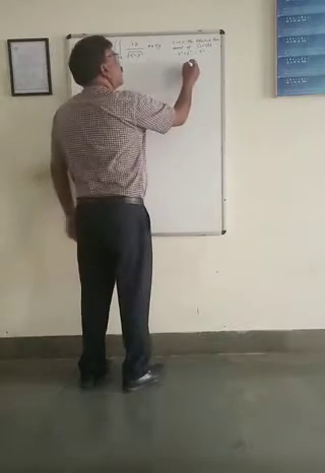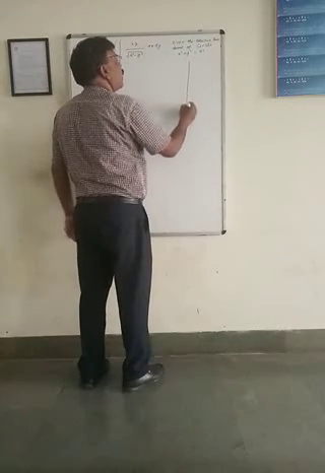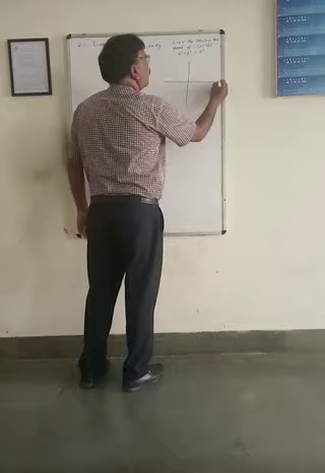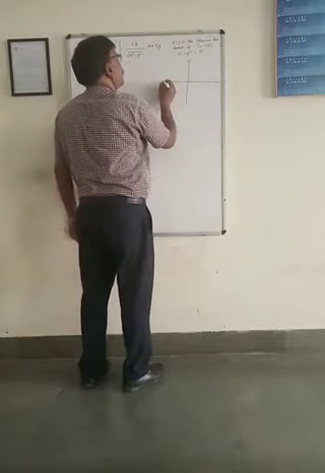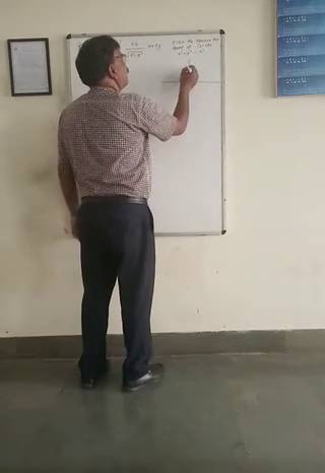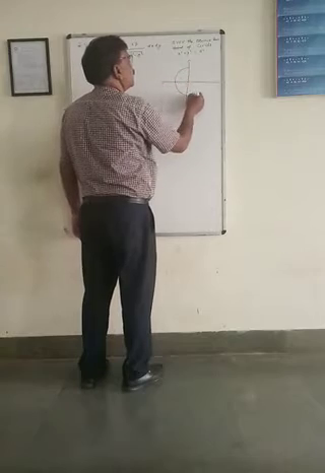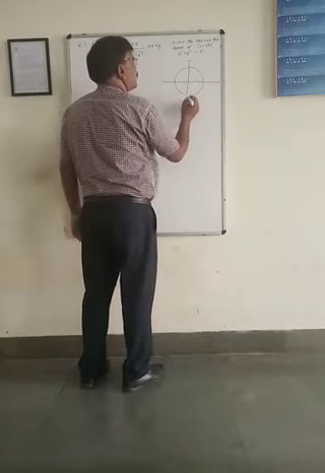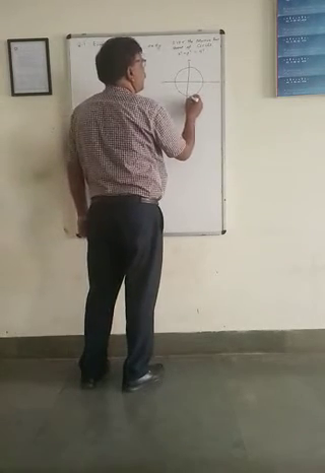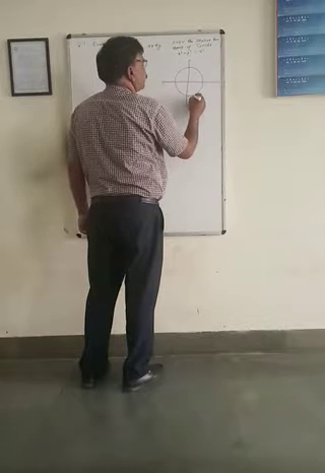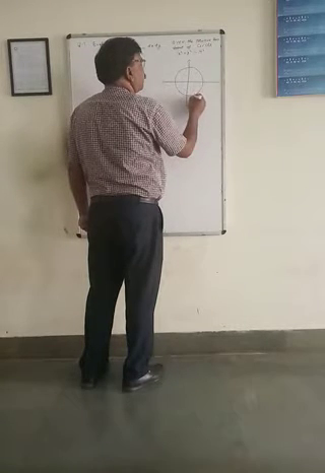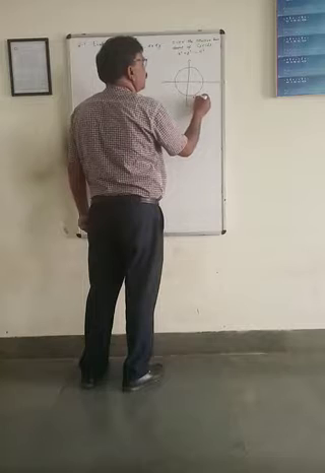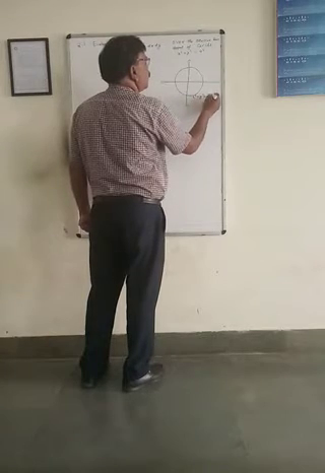The equation of this circle is x square plus y square is equal to a square.